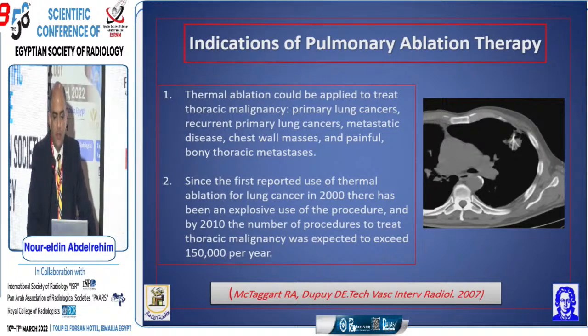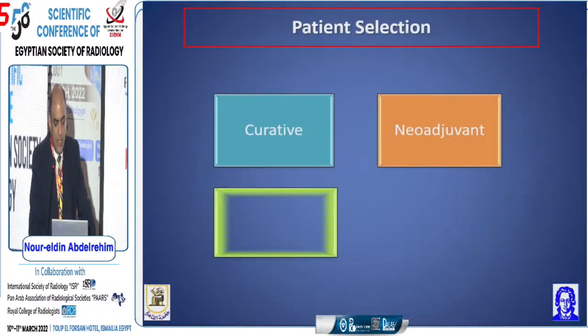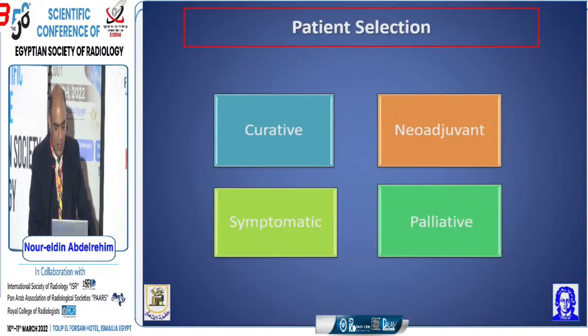Indications for pulmonary ablation: thermal ablation can be applied for different types of lesions, either primary or even metastatic. The first case reported for ablation was in the year 2000s, and afterwards we had extensive use, and now the number of cases ablated per year exceeds 150,000. So it's important to select the case.